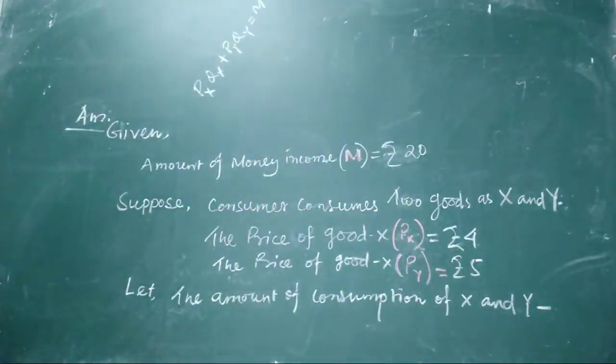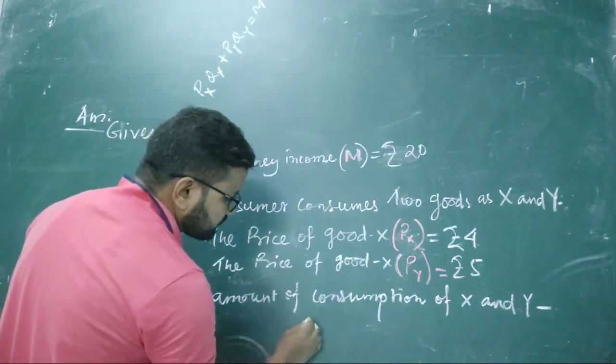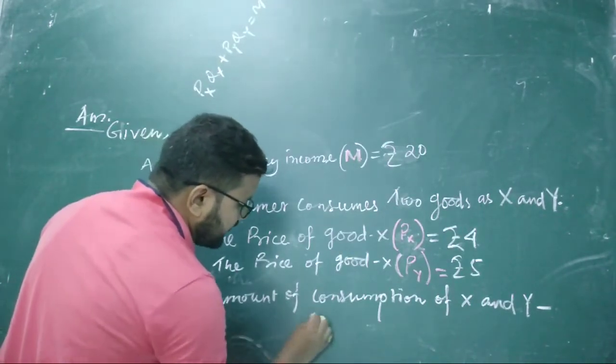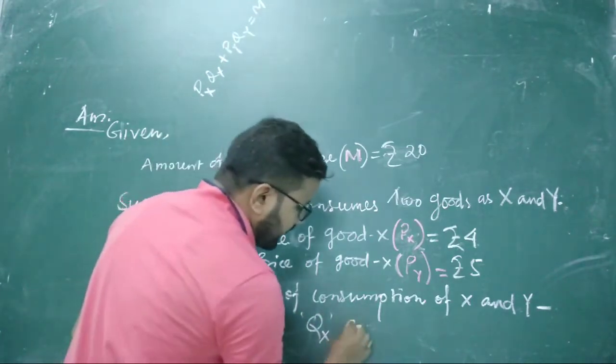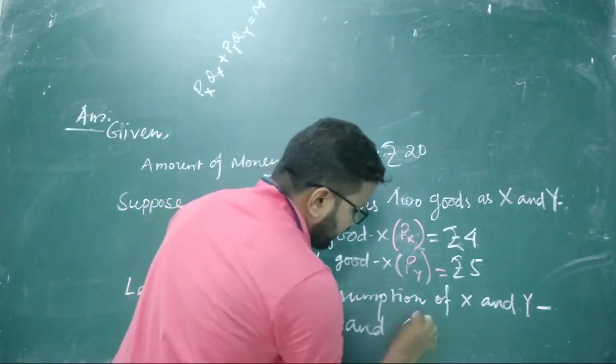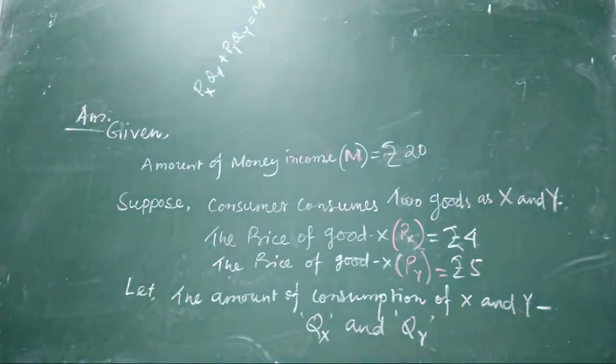Let the amount of consumption of good X and good Y be Qx within single inverted comma and Qy. So we let this amount, right?